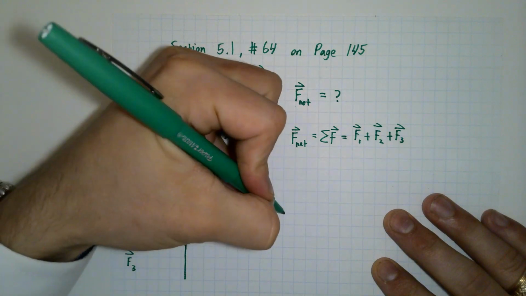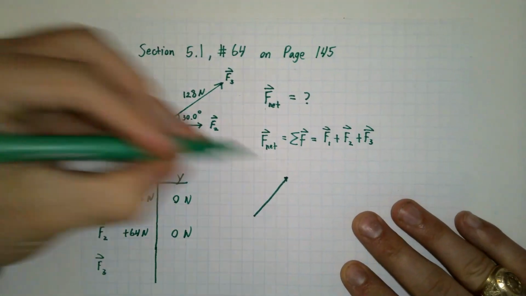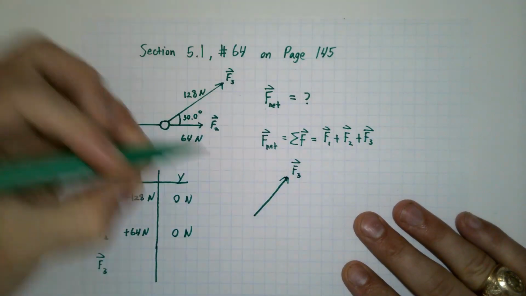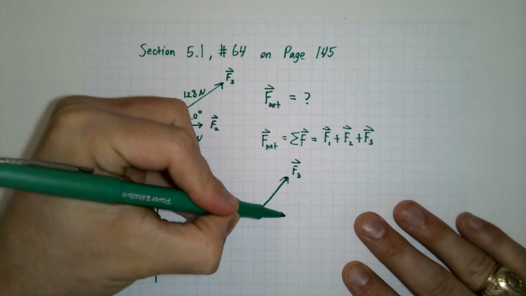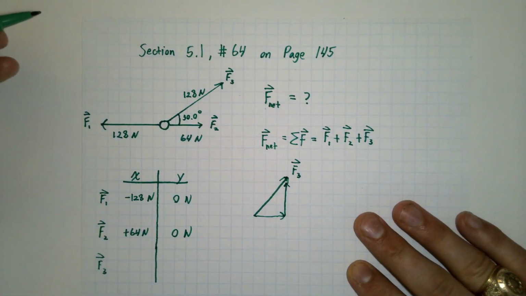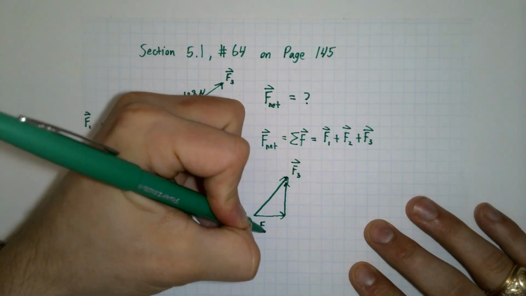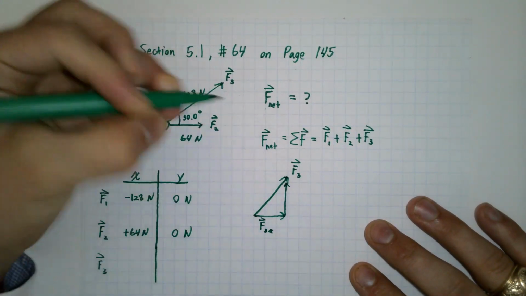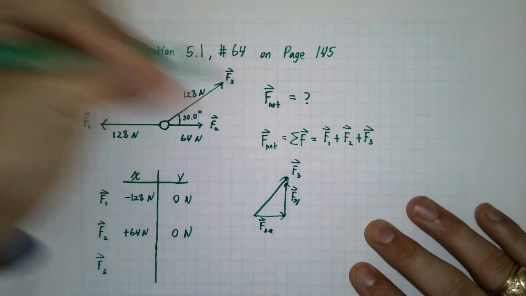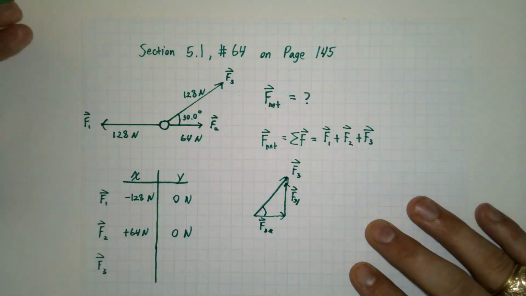We can look at this vector alone. If I draw this vector here, here's force vector 3. This can be split up into two component vectors. Here's force vector 3 in the x dimension. There's force vector 3 in the y dimension. And we have an angle here of 30 degrees.